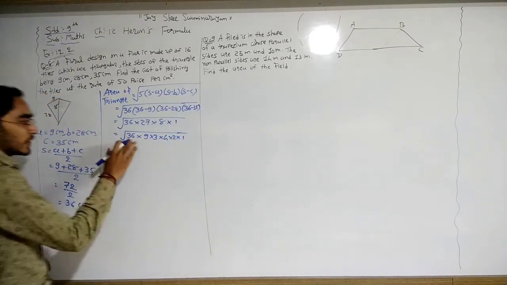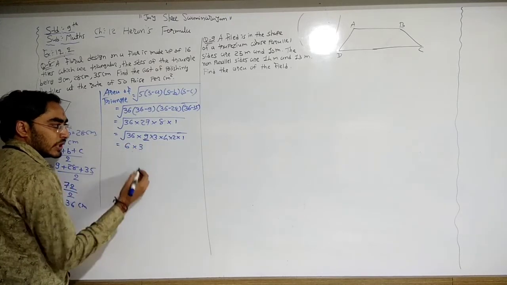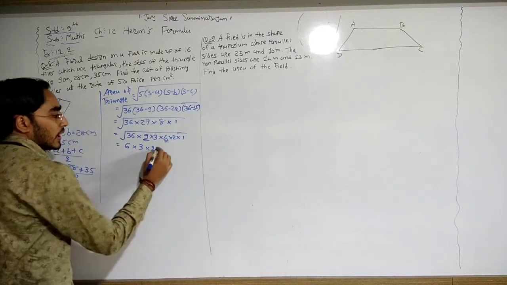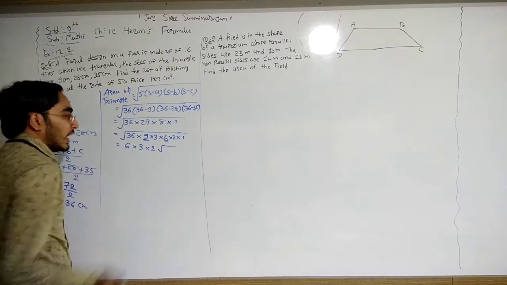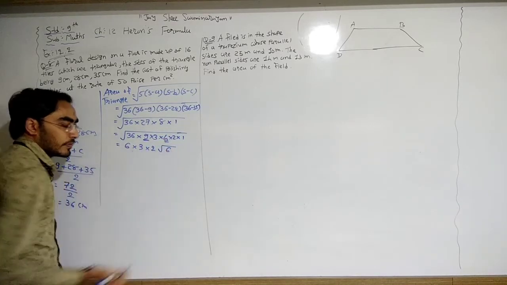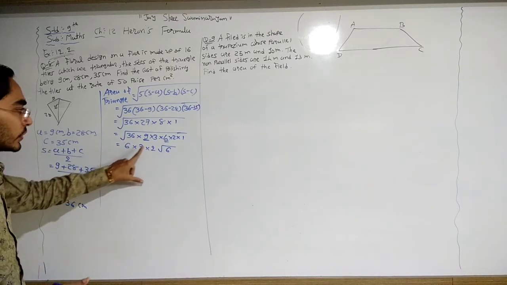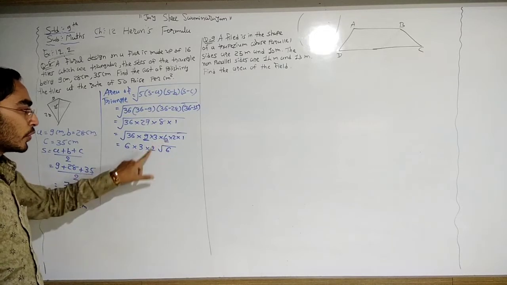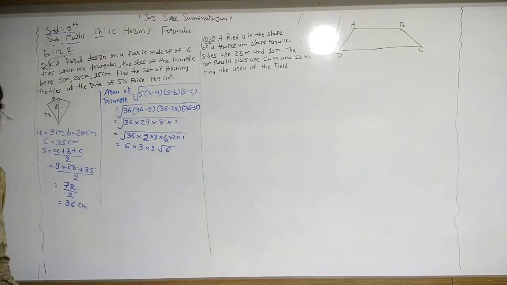Now, square root of 36 is 6, square root of 9 is 3, square root of 4 is 2, and this 3 and 2 are only one time, so they remain as they are. 3 twos are 6. So the answer is under root 6.